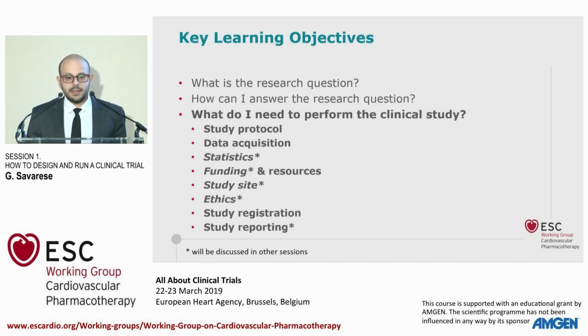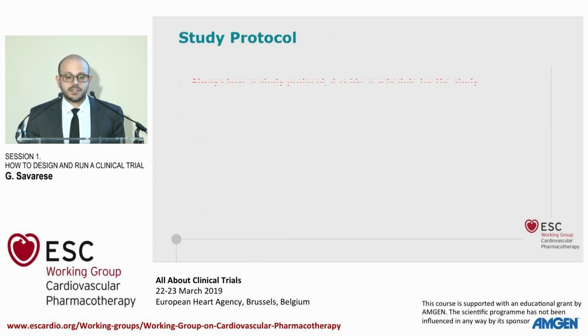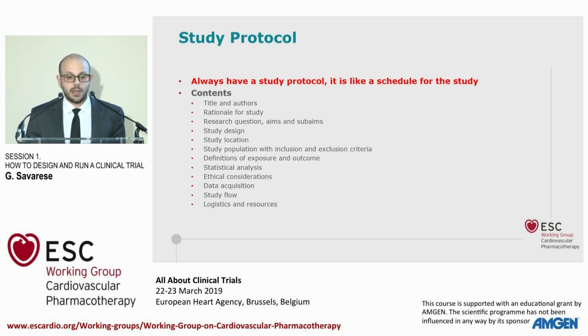And then, very important, very practical issues. What do I need to perform the clinical study? First of all, have a study protocol. It's like a schedule for the study. It's always important to define before starting the title and the authors of the study, not to have problems later.